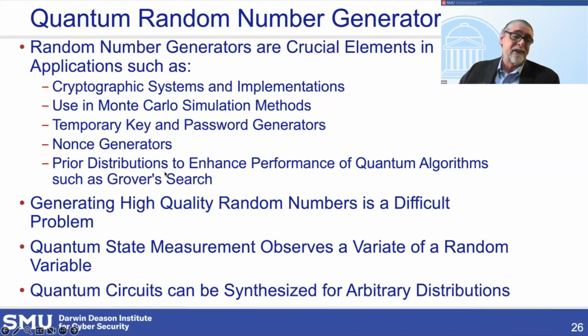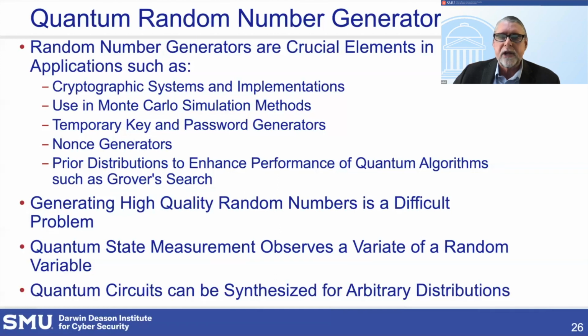It turns out that generating high-quality random numbers is a really hard problem. It's very difficult for humans to generate random numbers. And in fact, you really can't write an algorithm to do it because algorithms are always deterministic. But quantum state measurement is an observation of a variate of a random variable.